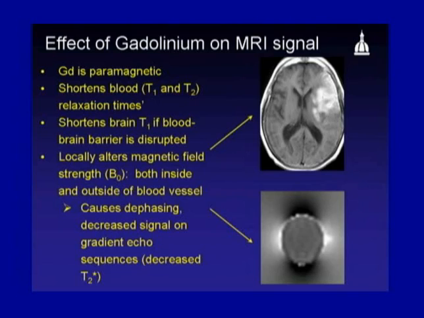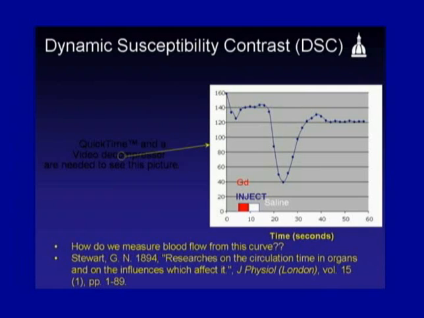In some areas, the field strength is increased; in other areas, it's decreased. And this causes a dephasing of the MRI signal. So if you're doing gradient echo imaging, the gadolinium will show up dark in the region surrounding the vasculature or the microvasculature. And this is the effect which is used for perfusion imaging.